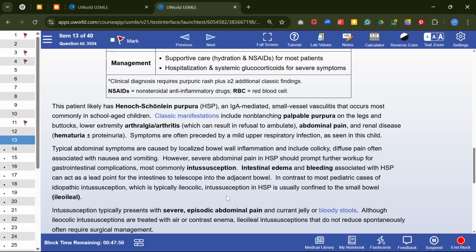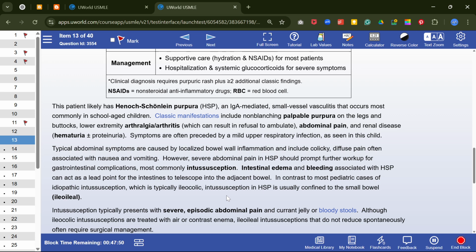Typically, abdominal symptoms are caused by localized bowel wall inflammation and include colicky, diffuse pain often associated with nausea and vomiting. However, severe abdominal pain in HSP should prompt further workup for gastrointestinal complications, most commonly intussusception, intestinal edema, and bleeding.